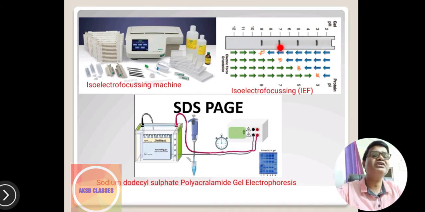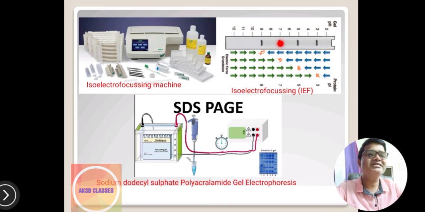There may be a mixture of different sizes of protein, but all with the same pI. So with the help of this isoelectric focusing machine, on the basis of pI, we separate the protein bands from the protein mixture through this pH strip in the presence of an electric field. This is the separation of protein in one dimension on the basis of isoelectric focusing.